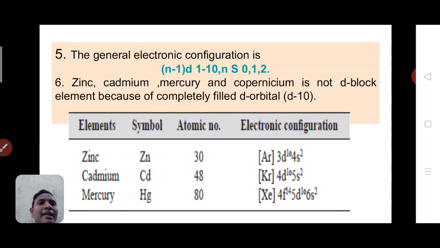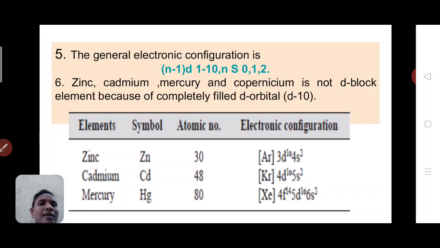The sixth property is that zinc, cadmium, mercury and copernicium are not d block elements because of a completely filled d orbital. Completely filled d orbital means the d orbital has all 10 electrons. If the d orbital contains 10 electrons, it is said to be completely filled.